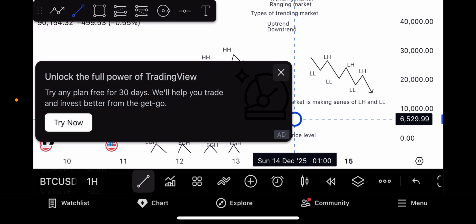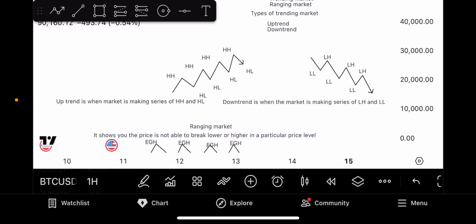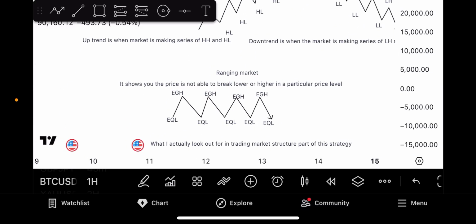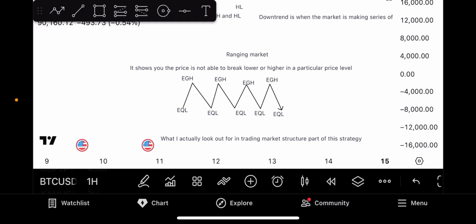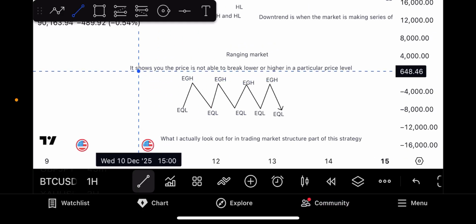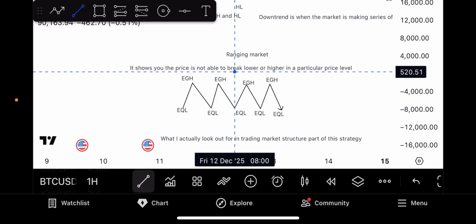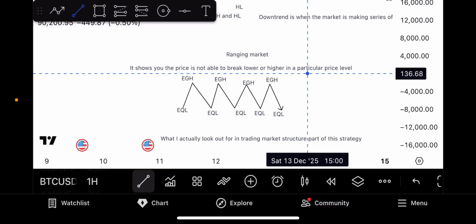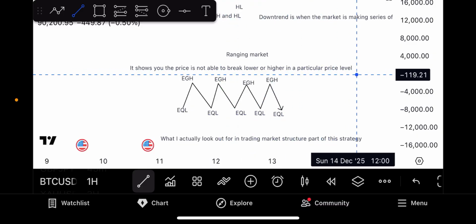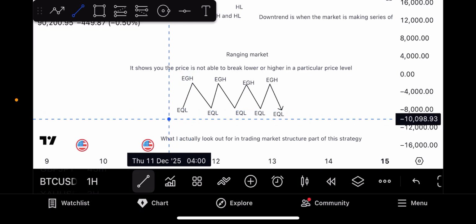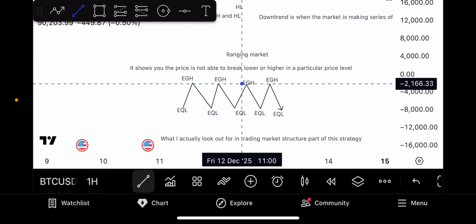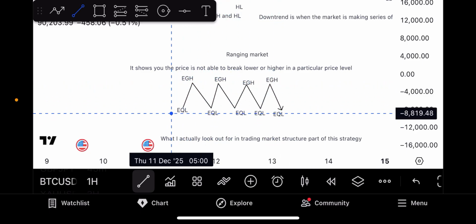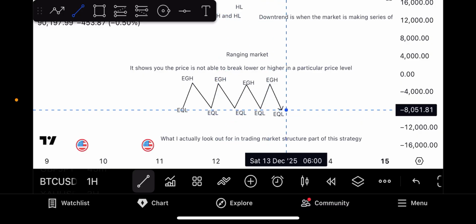While for the ranging market, it shows that price is not able to break lower or higher at a particular price level. For example, this is a resistance level and this is a support level.